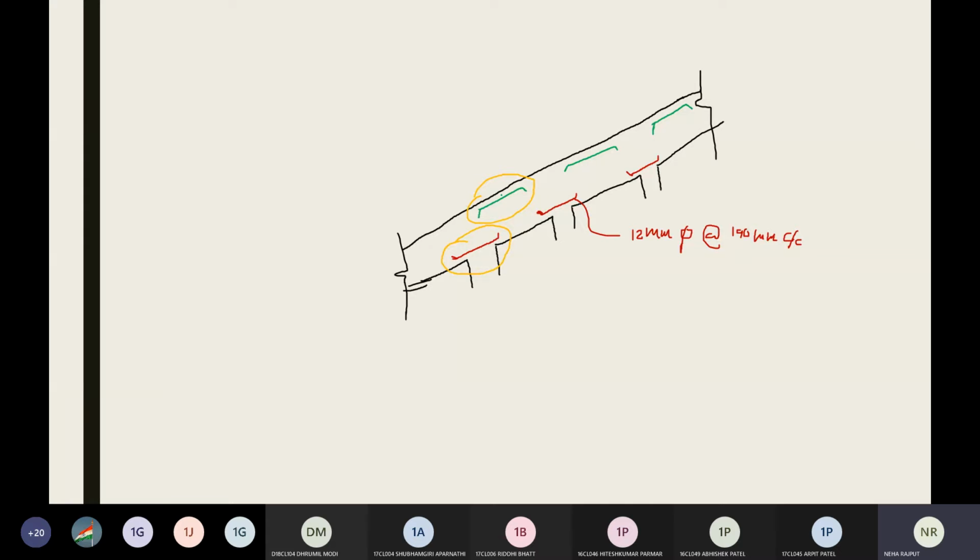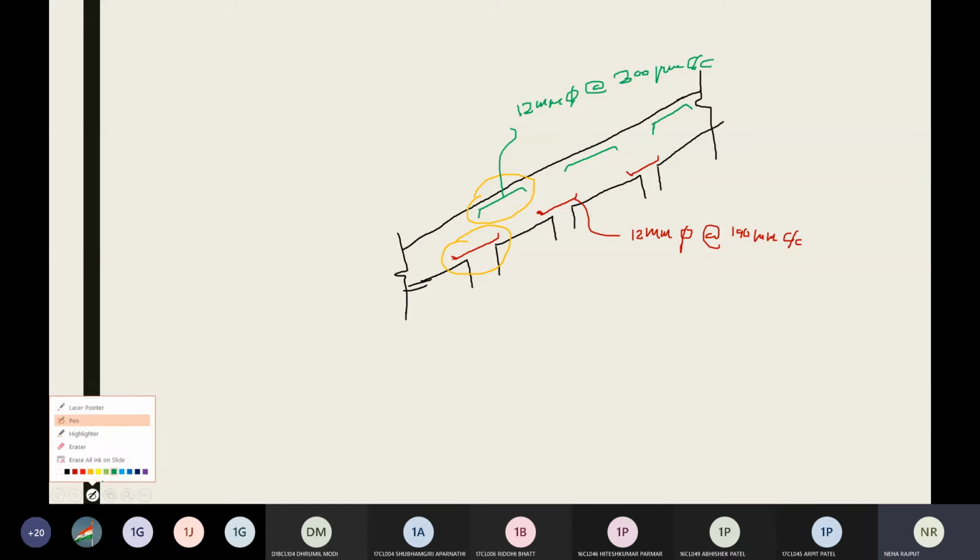So here again these are your 12 mm diameter at 300 mm center to center. Now this is actually your minimum reinforcement that you need to provide, right? So in this region above this tension reinforcement, meaning here is your tension reinforcement at the support, above it you at least have to provide the minimum.